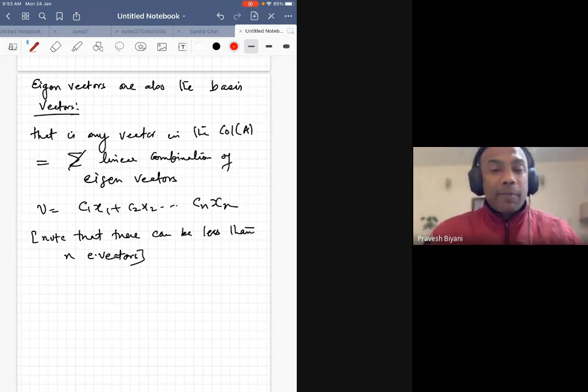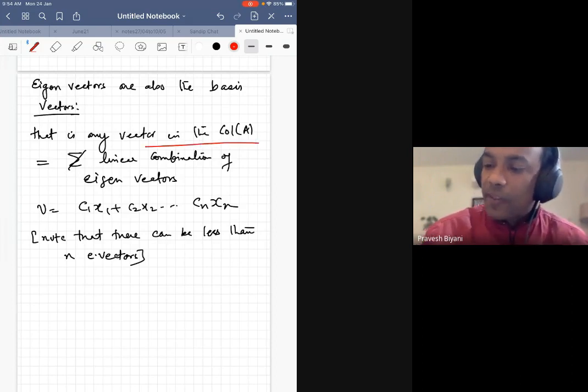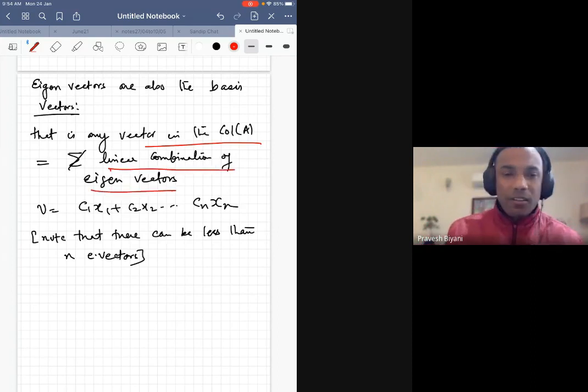It can also be represented by the columns of A. Now I'm giving you a third basis, and that basis is nothing but the eigenvectors of A. So when they are bases, any vector in the column space of A can be written as a linear combination of eigenvectors. So two cool properties of eigenvectors. One is that they are eigenvectors of A to the power k if they are eigenvectors of A, and that they form the basis of the column space of A. In fact, they also form the basis of the column space of A to the power k, right?